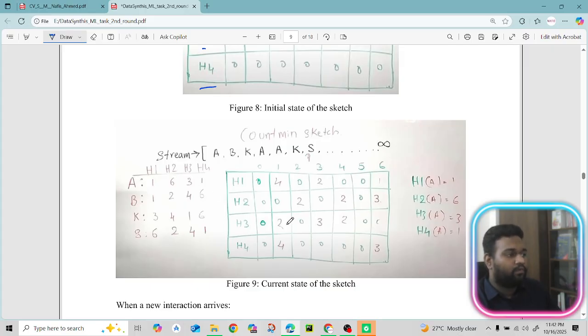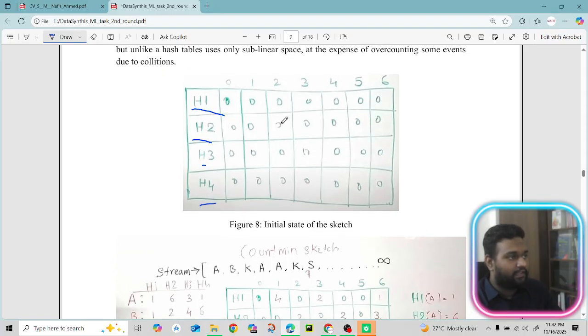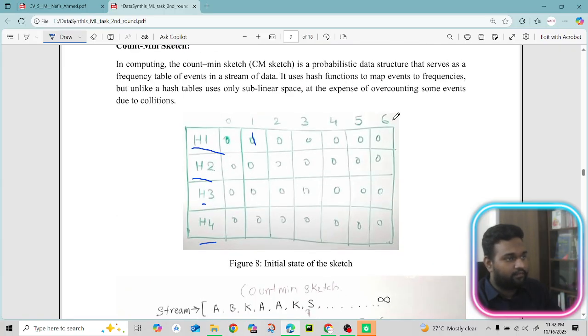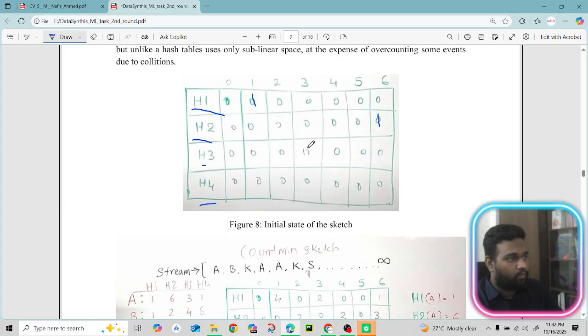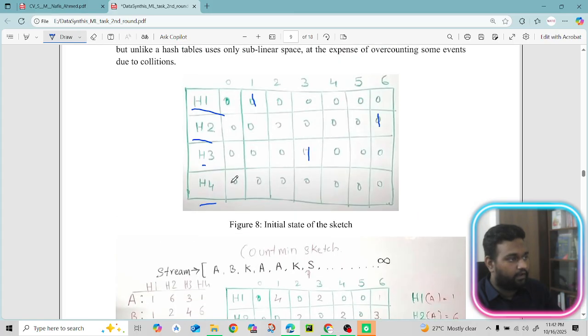So ultimately, what happens is that I'm going to count these values. For example, if I go here, I'm getting 1, so I will be setting this bit as 1. Then h2 of A is 6, so in the sixth position of h2 I will be updating this as 1. Then h3 of A is 3, so at the 3 position there will be a 1, and again at the 1 position there will be a 1 for each here.